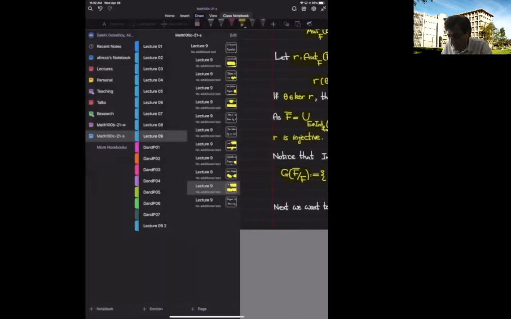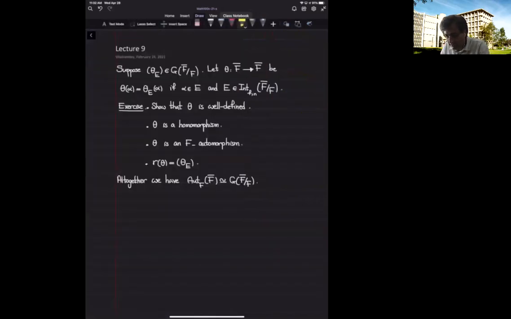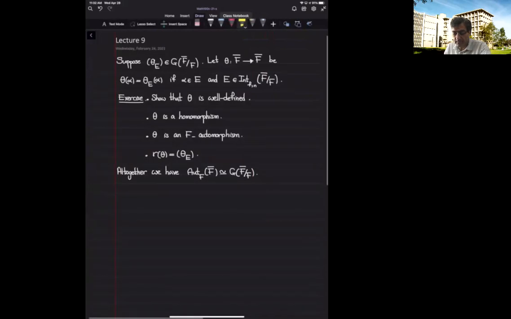This is your homework assignment, so I will just give you the outline. What is the theta that is sent to these theta E's? I need to show that it is surjective, so I need to find this theta that when I restricted to E, I end up getting theta of E. So that's how we define theta.